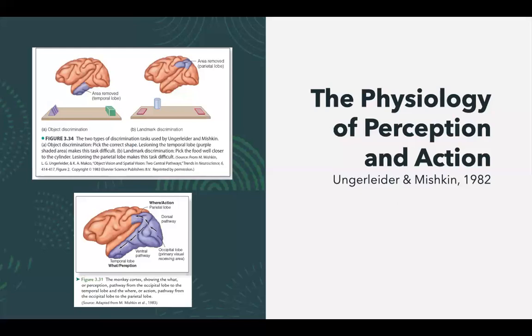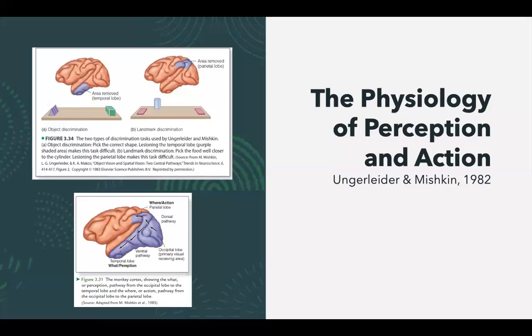Other monkeys had their parietal lobe removed, the areas of the brain in this location, and they had difficulty solving the landmark discrimination problem. This result indicates that the pathway that leads to the parietal lobe is responsible for determining an object's location.